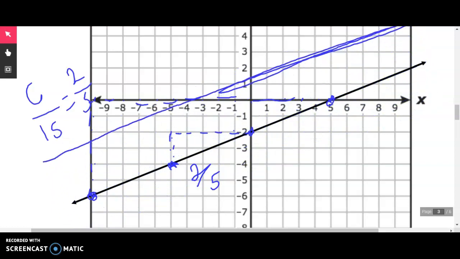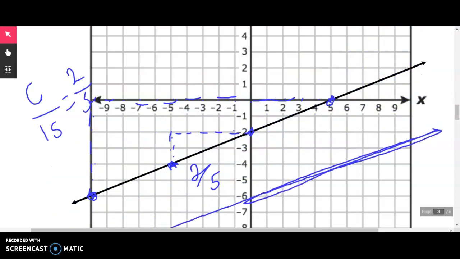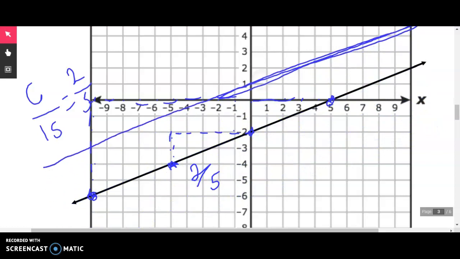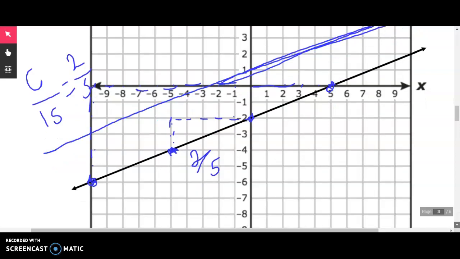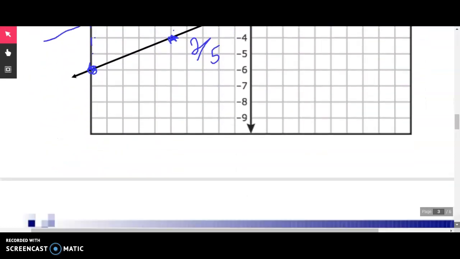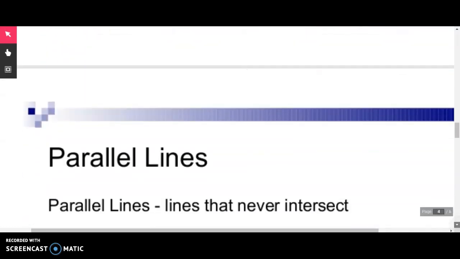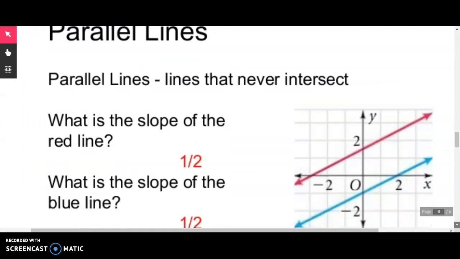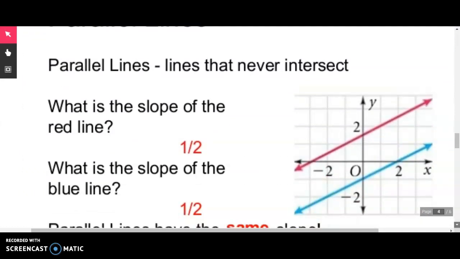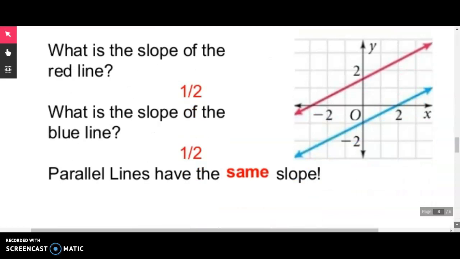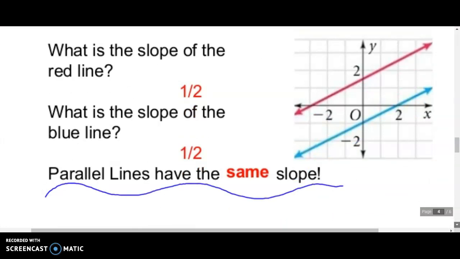See how it's the same? Anywhere it's parallel, this line is going to have the same slope. So what we can conclude is that all parallel lines, which are lines that never intersect, will have the same slope. So here we have it: parallel lines all have the same slope, okay?